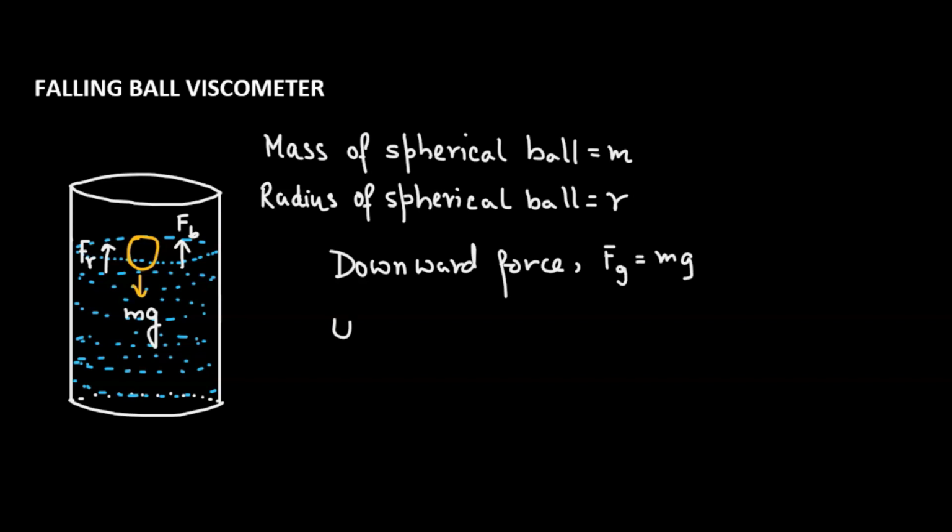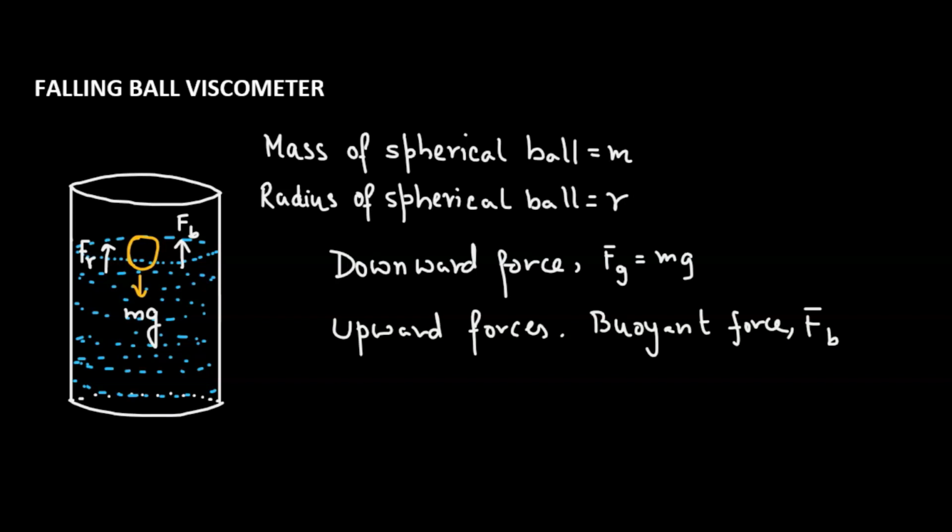Then we have two upward forces: one will be the buoyant force, denoted by F of B, and then we have the viscous drag force given by F of R.